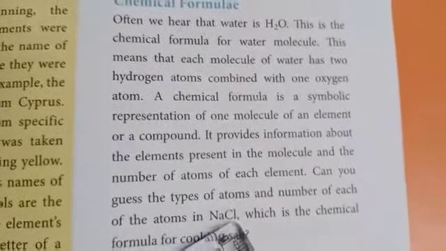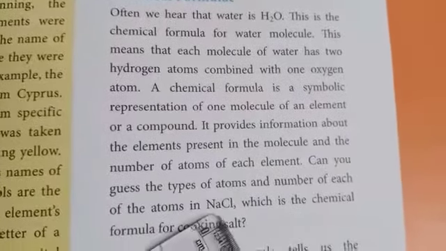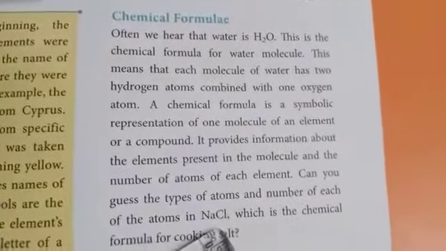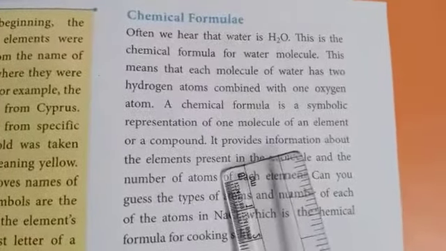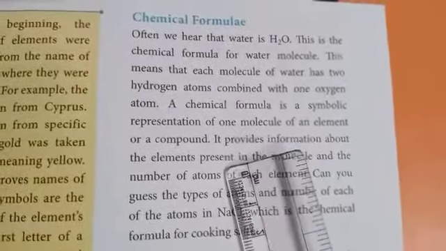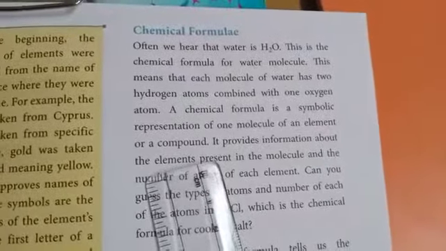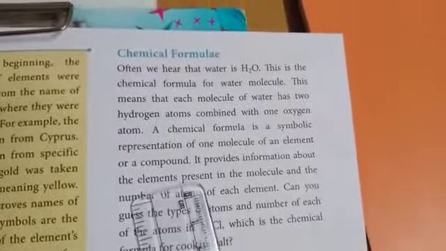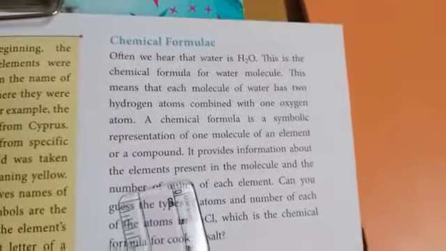And what is the information about the elements present in the molecule? For example, sodium. Sodium is a metal, and if you look separately at sodium, when you drop this sodium metal in water, it will burst. And if you look separately at chlorine, chlorine is very dangerous to our health.